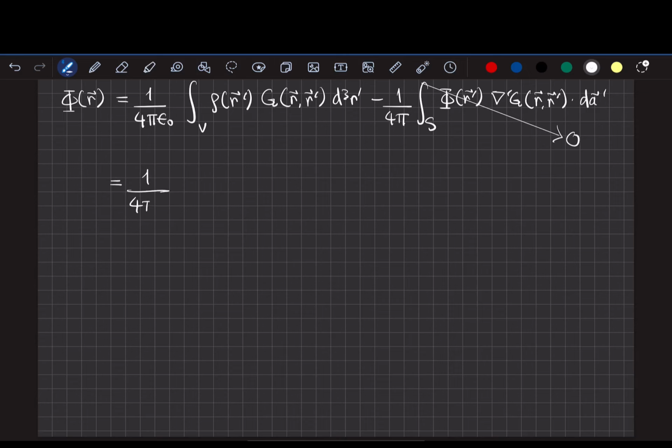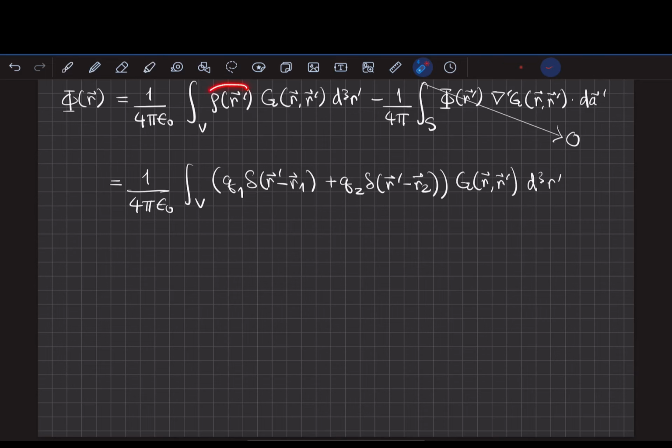So here we have 4 pi epsilon naught, and the charge density is just the sum of two delta functions. The variables in our charge densities are primed, hence we have taken the prime coordinates in charge densities.